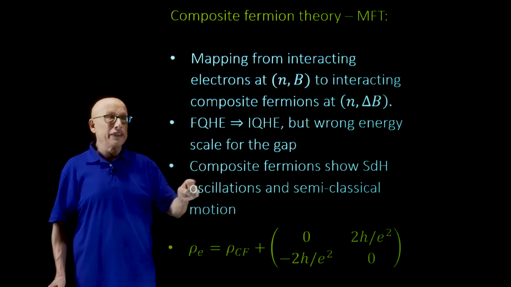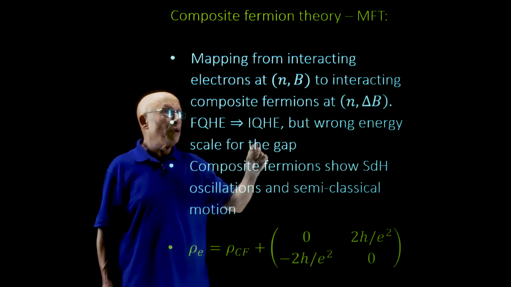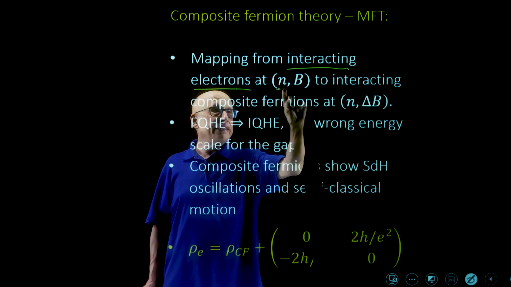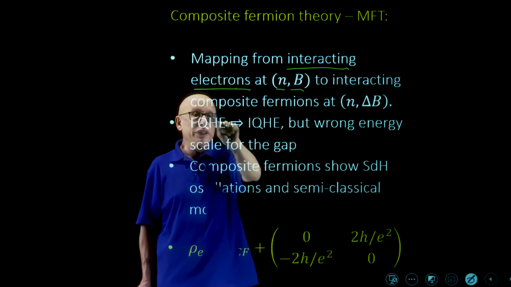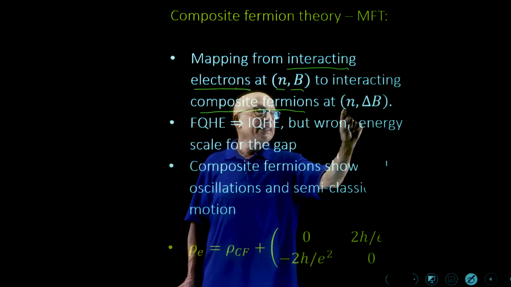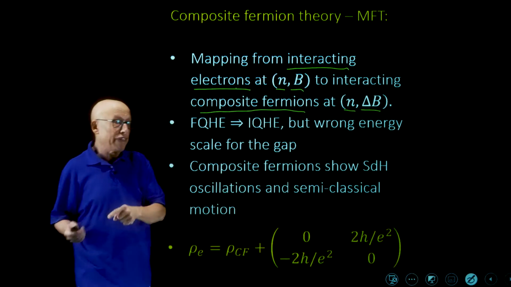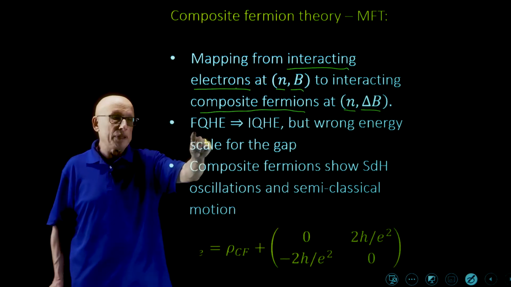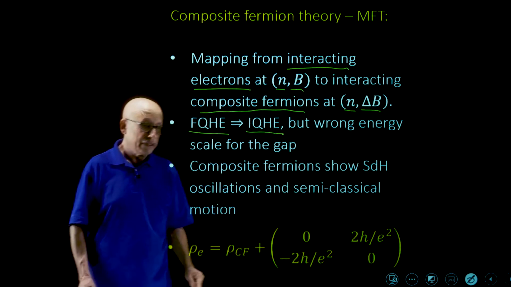We saw that the theory, at least at the mean field approximation level, gave us a way to map the problem of interacting electrons at density n and magnetic field B to interacting composite fermions at density n and magnetic field delta B. Delta B was smaller than B. That allowed us to map the fractional quantum Hall effect onto an integer quantum Hall effect.